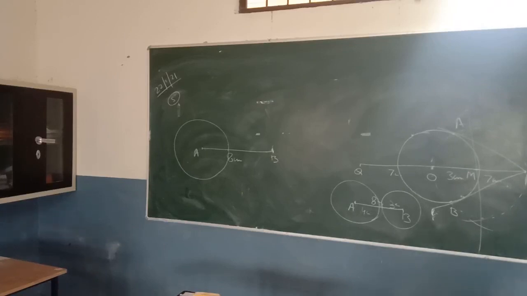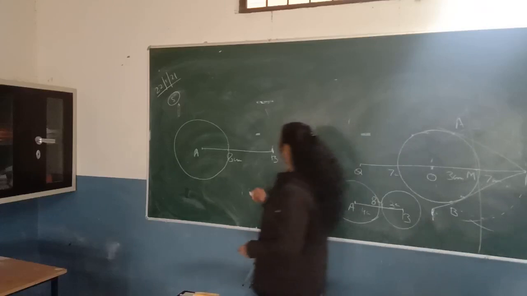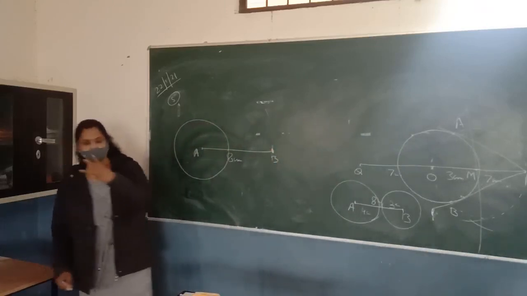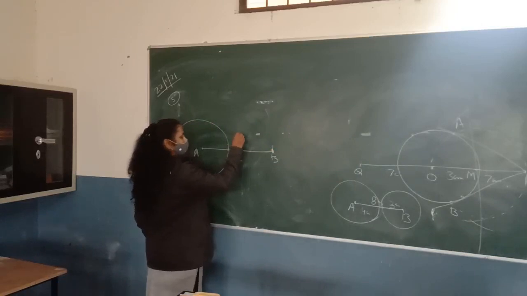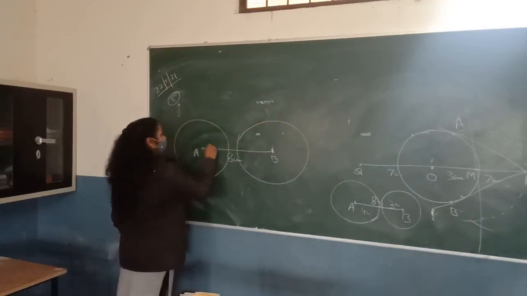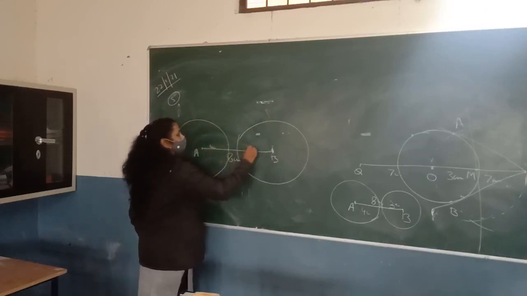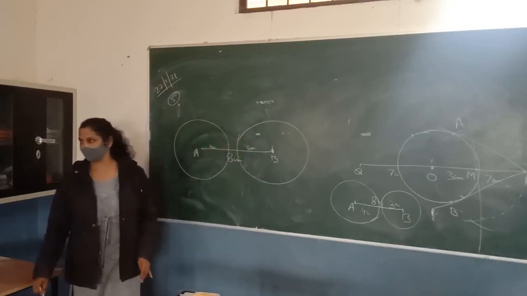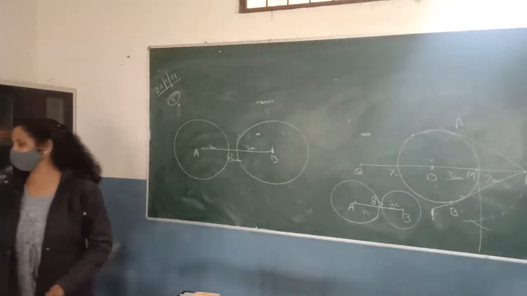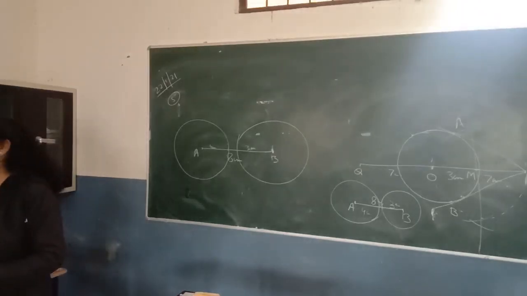Now according to the question, we also have to construct a circle from the center B, taking 3 cm as the radius. So draw another circle of radius 3 cm from the center B.